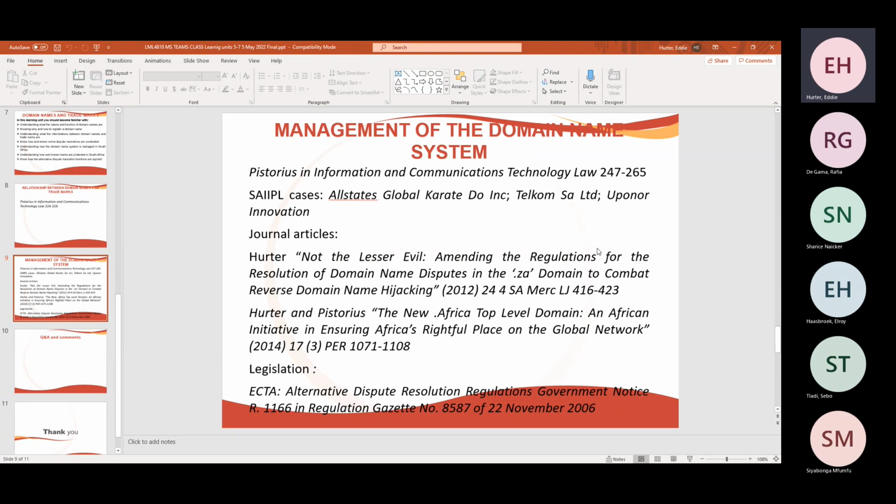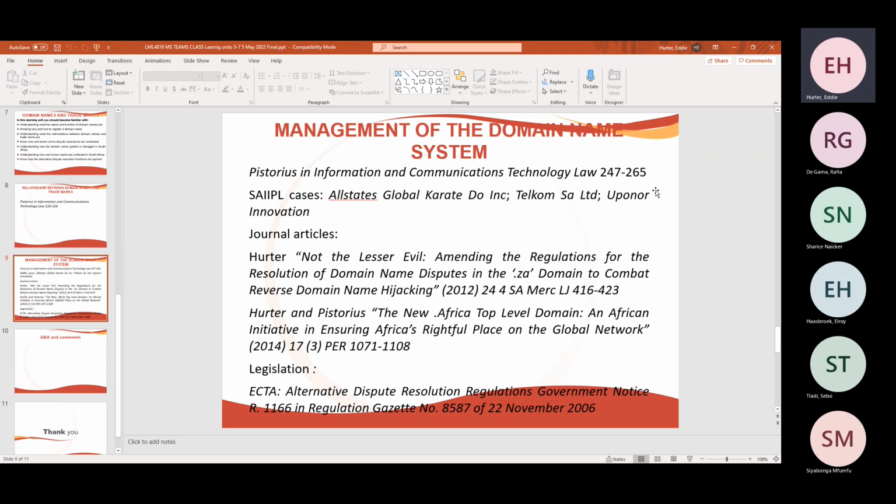But the point is that domain name disputes may be resolved by way of the UDRP or in terms of our own dispute resolution regulations. And you'll see that quite a big part of this learning unit is the explanation of the dispute resolution procedures. We discuss within the prescribed study material the Uniform Dispute Resolution Policy, and then also the South African regulations for the resolution of domain name disputes within the .za domain.